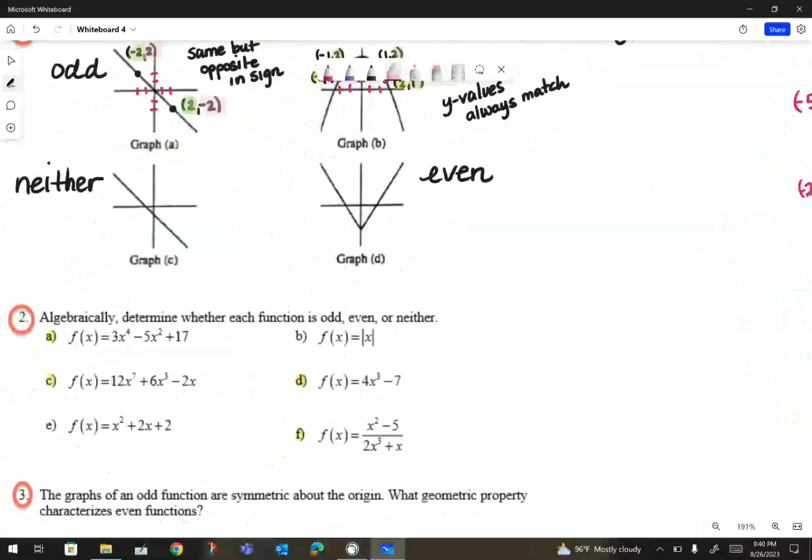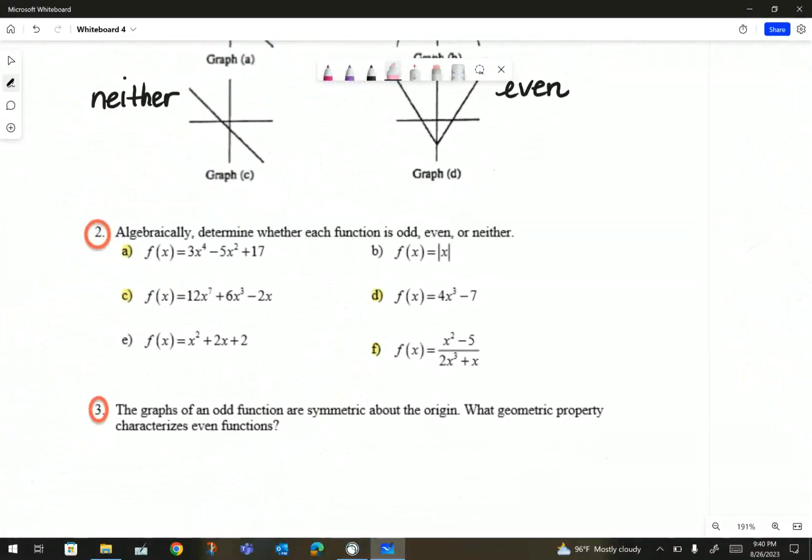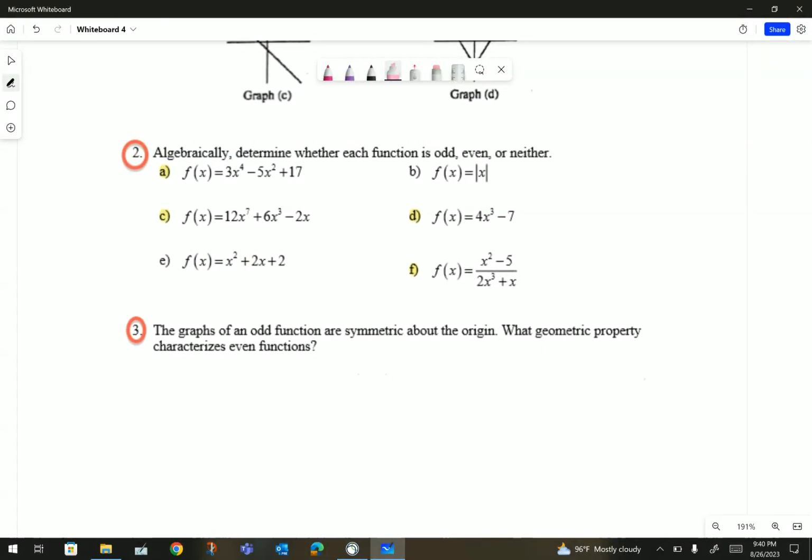On the first page over here, we skipped number 2. We need to decide if these functions are even or odd functions. So what you're going to do is examine every single term and decide whether or not we need to switch the sign of that term.